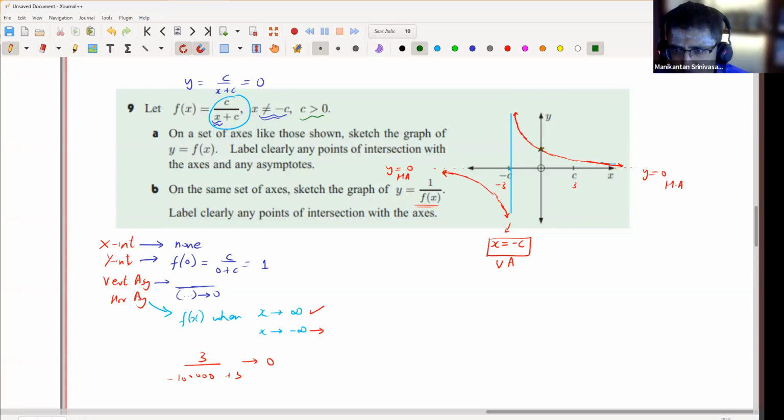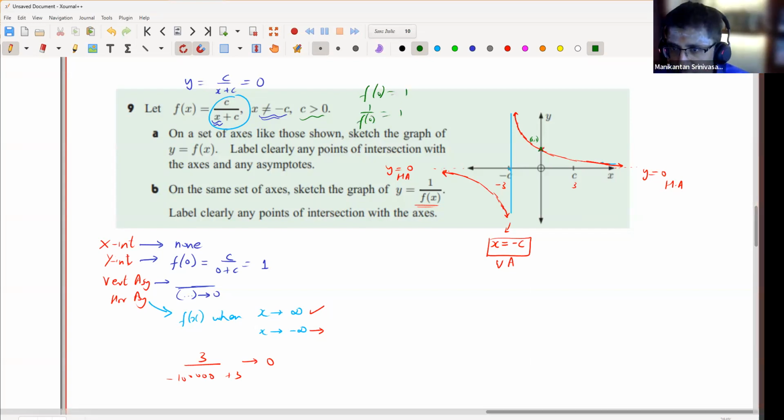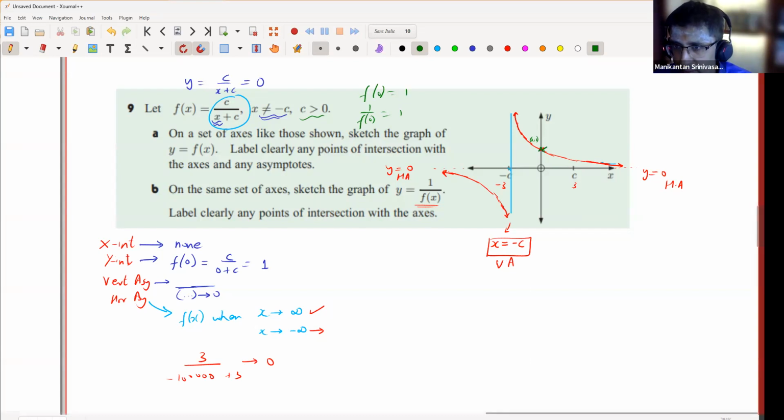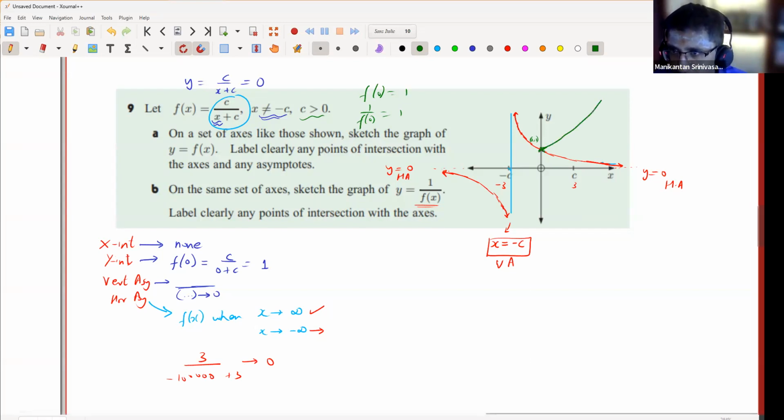So the reciprocal also passes through the same point because the value is 1. So f of 0 is 1. Therefore, 1 over f of 0 will also be 1. So this will be the point where the graph coincides with the reciprocal, and the behavior is going to be something like this.